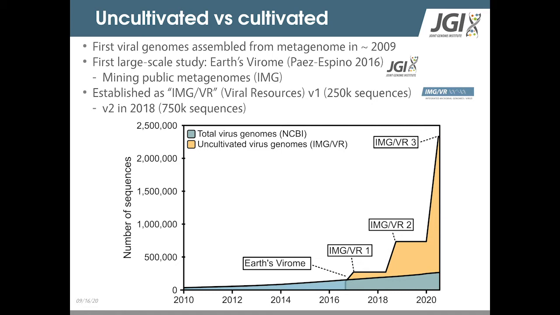And to give you a sense of scale, this is how it compared to isolates. The blue curve here is the complete total number of virus genomes in NCBI. So here I'm including phages, viruses of archaea, eukaryotic viruses, human viruses too. So that's your curve here, and it's 2016, 2017. We're at about 200,000 basically.